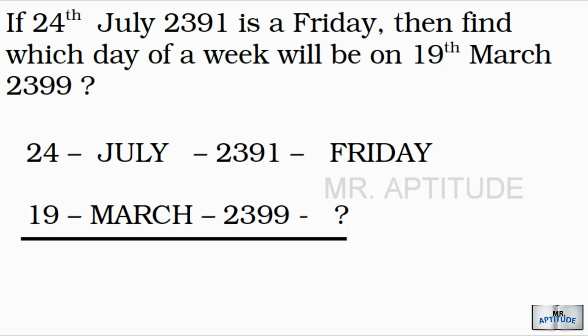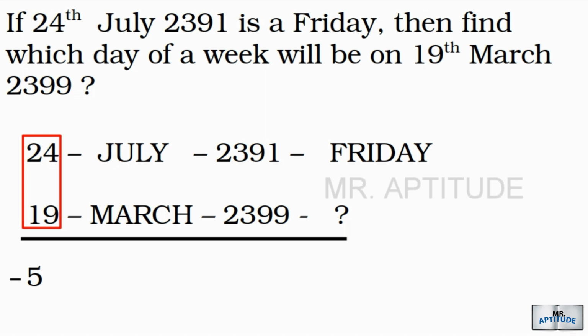Let's look at the given two dates, 24 and 19. What is the difference between these two? 5. When you observe a decrease, I want you to go with a minus. When you observe an increase, I want you to go with a plus. So 24 to 19, as the value reduced, I want you to write it as minus 5.